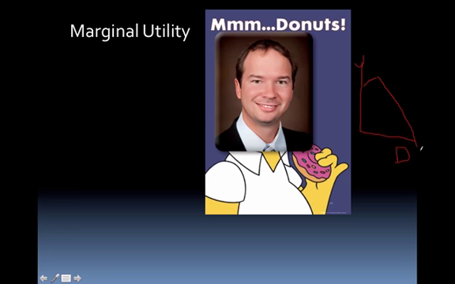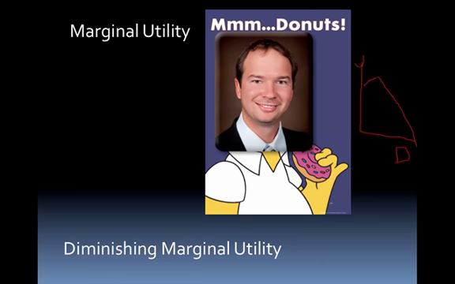And so my marginal utility, my extra satisfaction from the next donut, begins to decrease, or what we like to call diminish. So there's diminishing marginal utility, because with each donut I eat, my extra satisfaction begins to decrease.